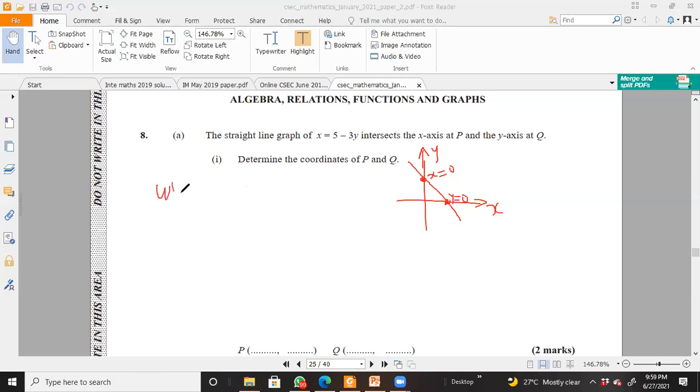Where the line cuts on the x-axis, y is equal to 0.